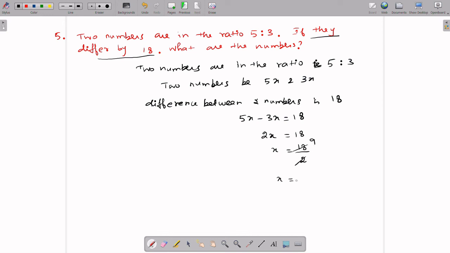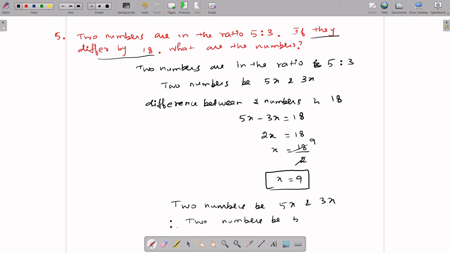But our numbers are in the ratio 5:3, that is, 5x and 3x. But the x value is 9, so substitute the value here. Therefore, the two numbers are 5 into 9 and 3 into 9.